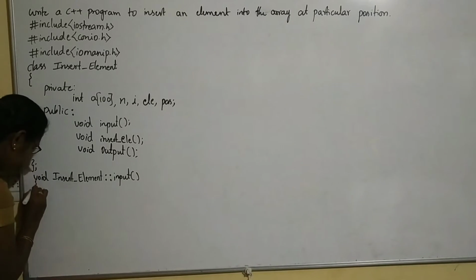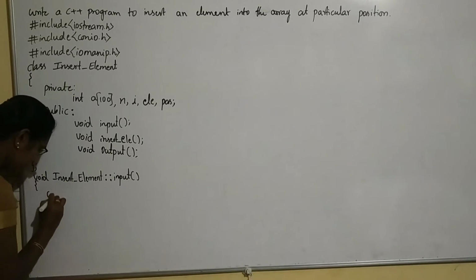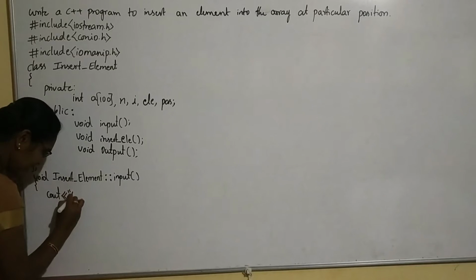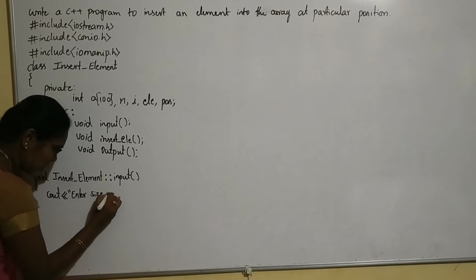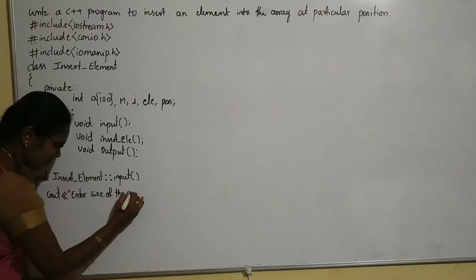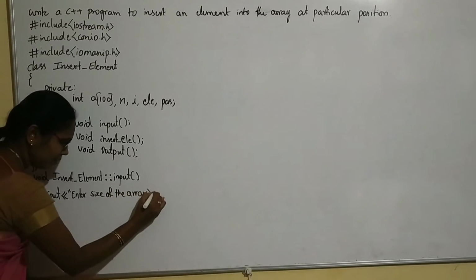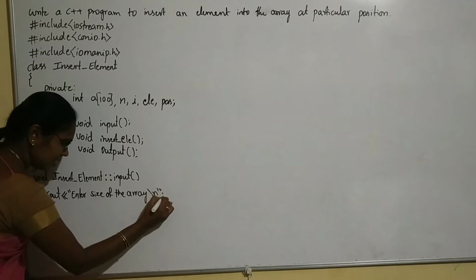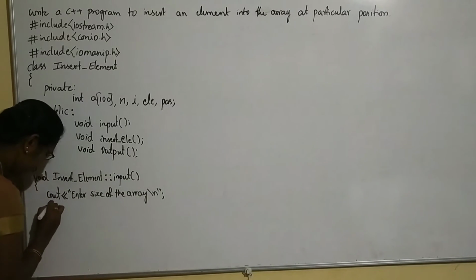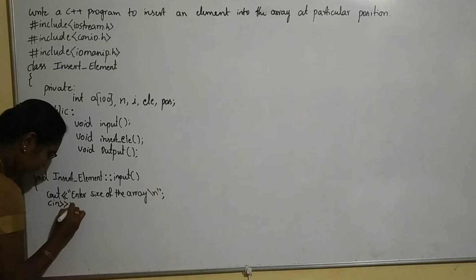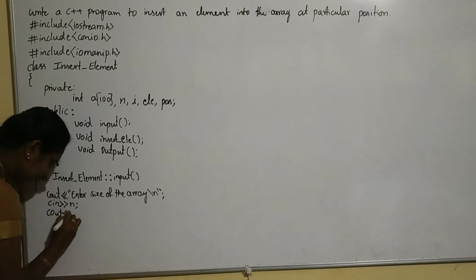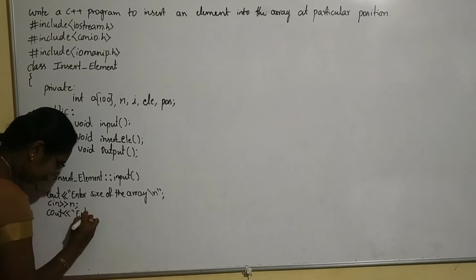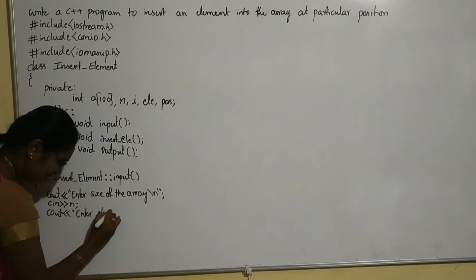So in this function we display cout, enter size of the array. We read the n value using the cin statement, cin n. The size we read using the variable n. Next we read the array elements.